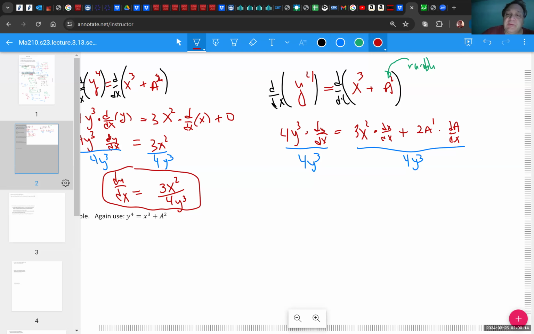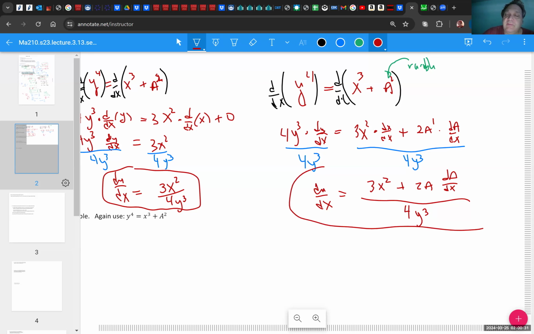And that will leave us just with dy dx. And then the right-hand side, I don't have to write dx dx, that's just 1, so I get 3x squared plus 2a dA dx over 4y cubed. And that is the value of dy dx, assuming that a is now a variable, not a constant.